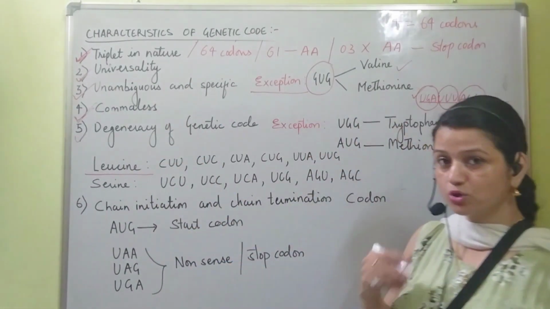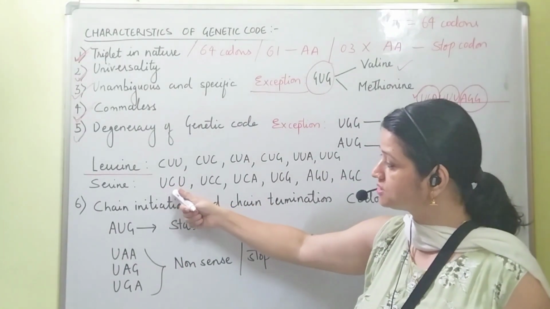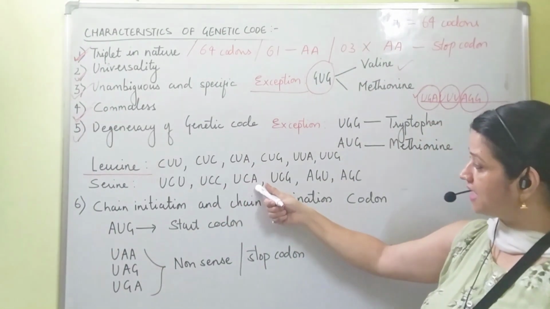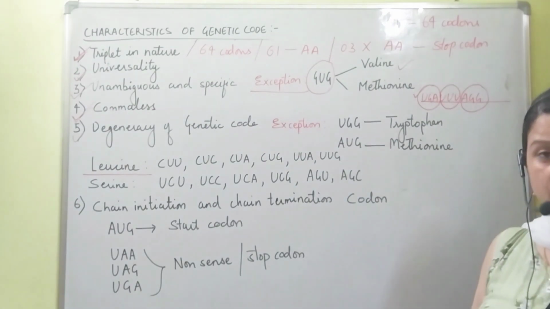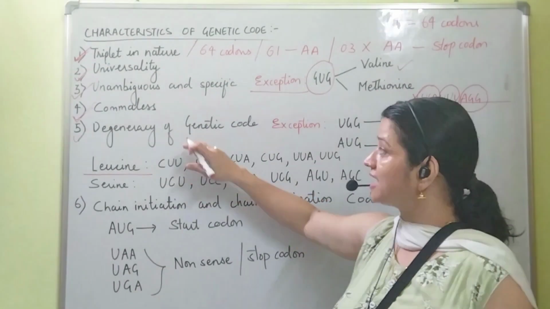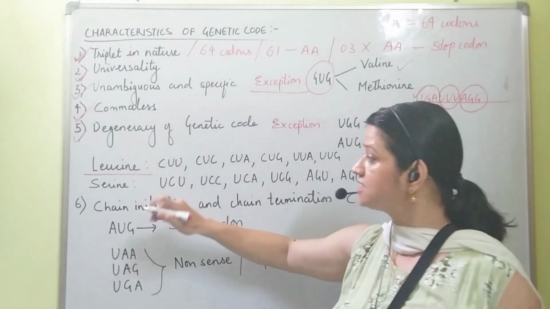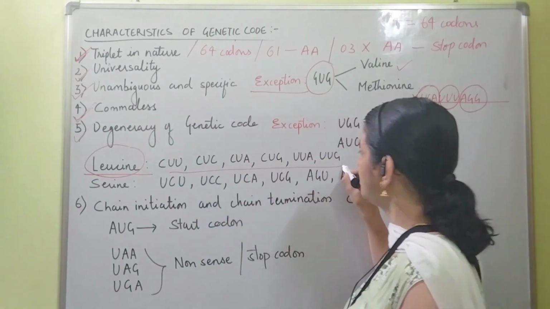Serine is also an amino acid and it is coded by the codons UCU, UCC, UCA, UCG, AGU and AGC. So this tells us that the genetic code is degenerate. Degenerate means one amino acid can be coded by more than one codon.